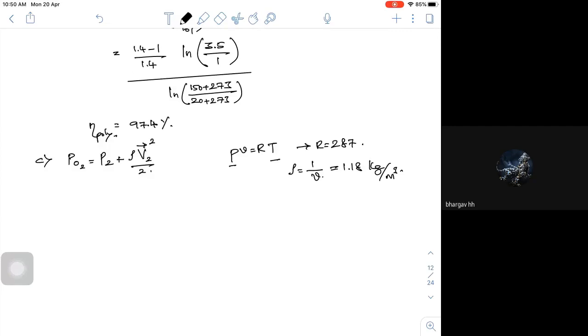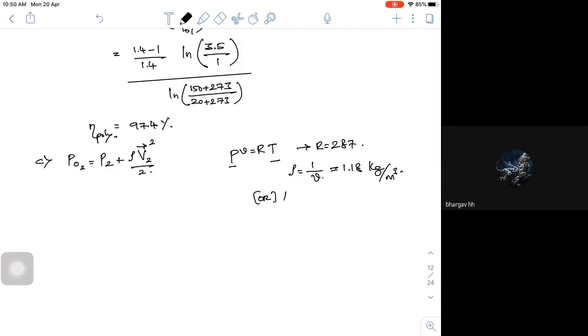So just straight away I am taking 1.18. If you don't have any time to calculate this particular thing, so directly you can take 1.18 or 1.2. Straight away you can assume rho is equal to 1.2 kg per meter cube. This is a straightforward assumption.